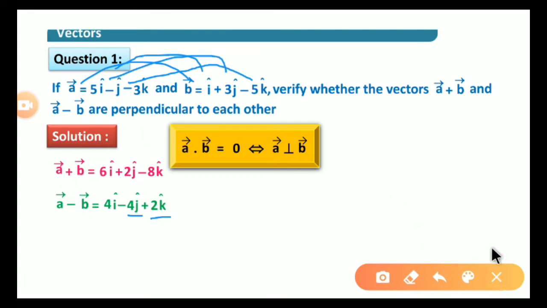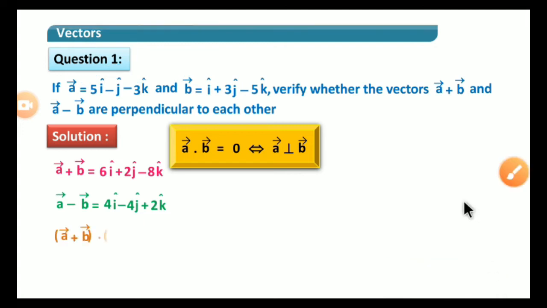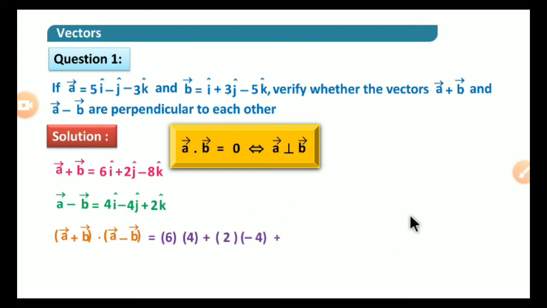Now we should find the dot product of these two vectors, so we have to multiply the corresponding components of i, j, k. Therefore 6 into 4 plus 2 into minus 4 plus minus 8 into 2.